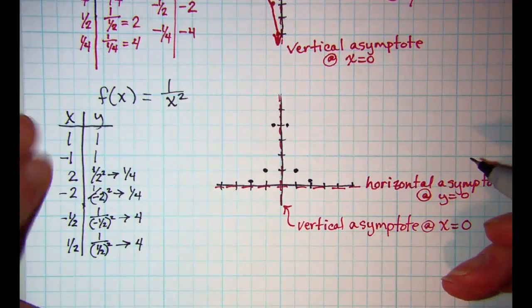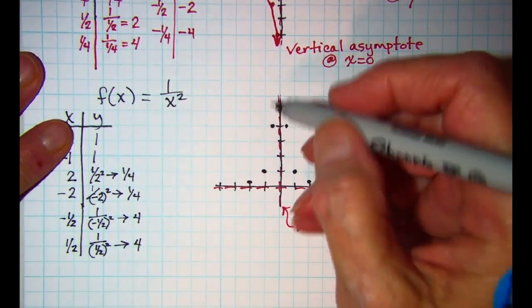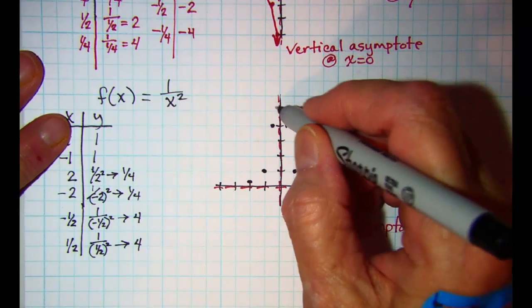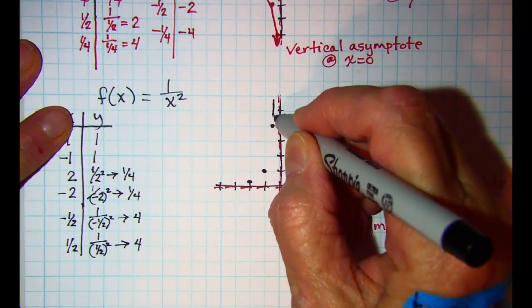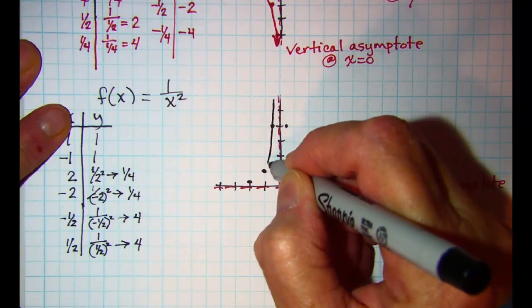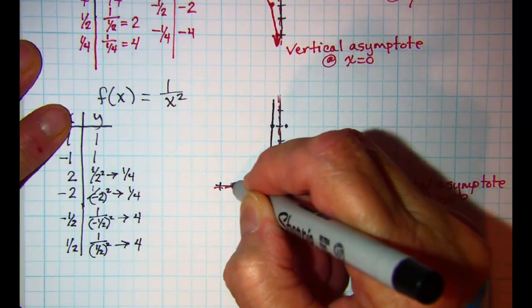So we have our curves similar to our previous example, but we have a shape that looks kind of like a volcano.